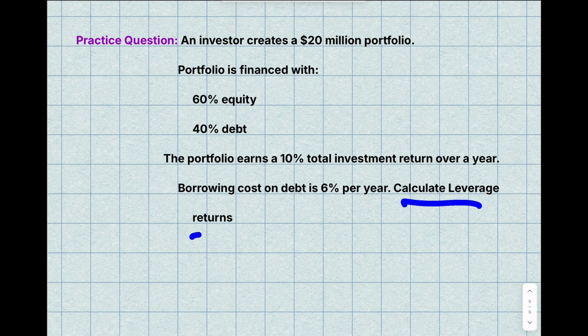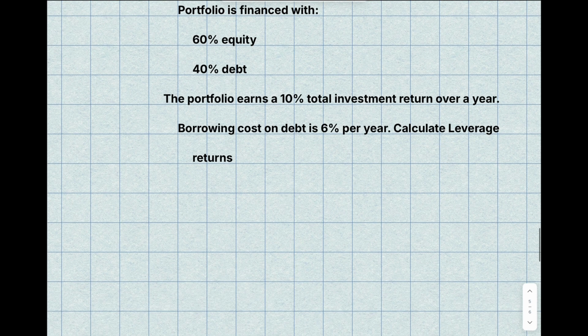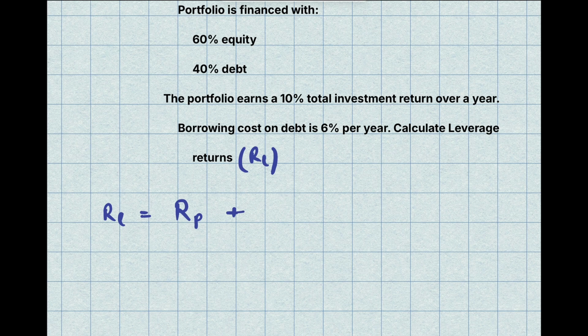Calculate leverage return. So leverage return, which I can write as RL. So RL is going to be RP, return on portfolio, plus the amount of money that you borrowed by your own money, equity, times RP minus cost of borrowing. Let's write it as RB. Okay.